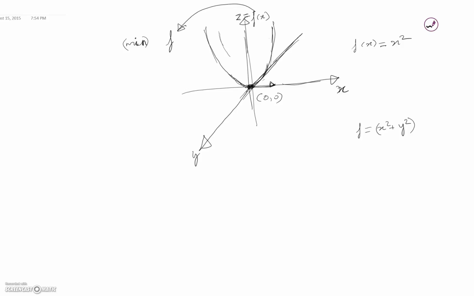So z is f(x). So in the yz plane, you'll again have a parabola when x is 0, and in this way you'll have this paraboloidal structure.